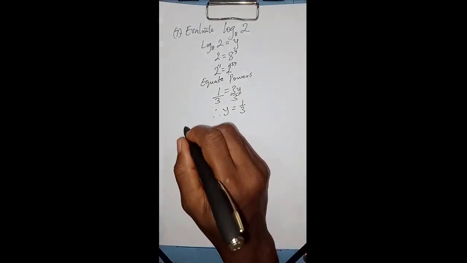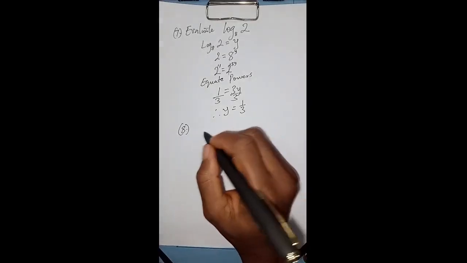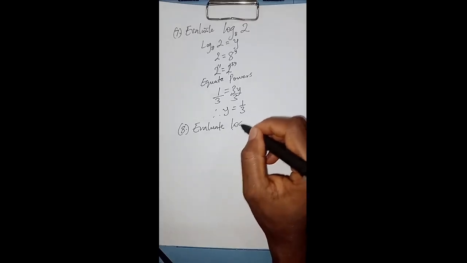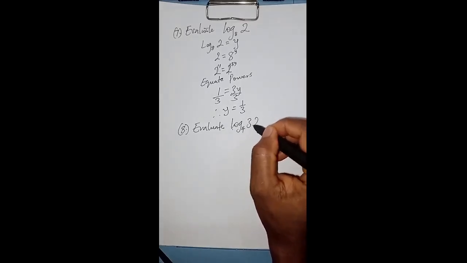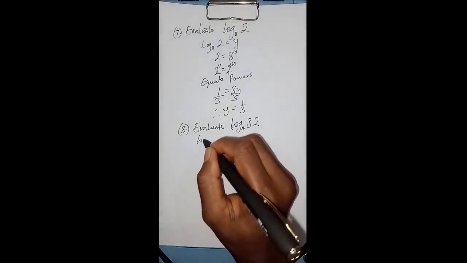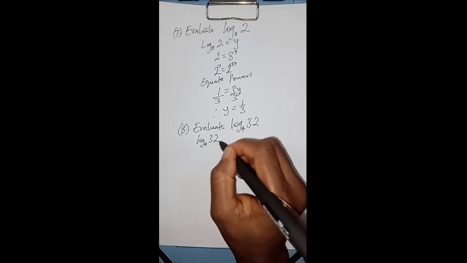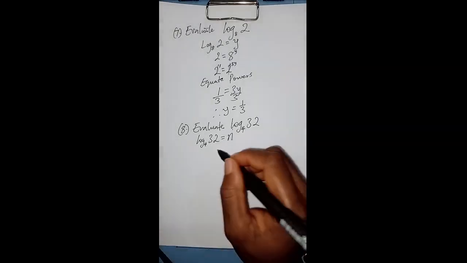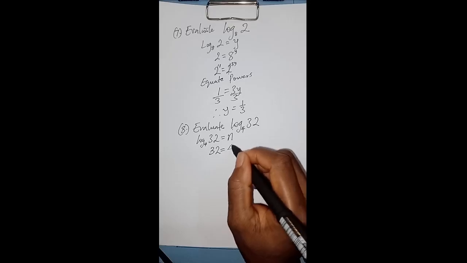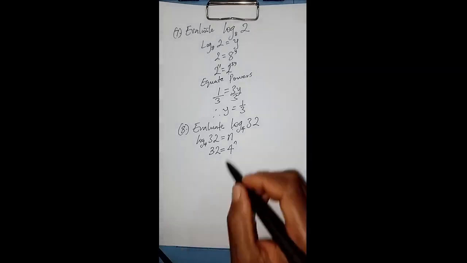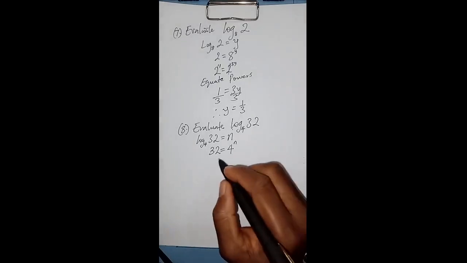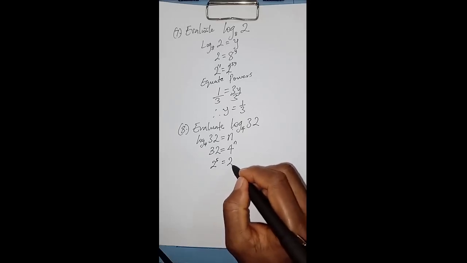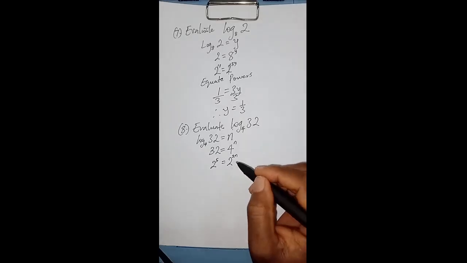Now let's try the last example, number 8. I'm to evaluate log 32 to base 4. So let log 32 to base 4 be equal to n. So let me use another letter this time. This is 32 equals 4 raised to power n. I cannot express 32 to have 4 as its base, but I can do that for 2. 2 raised to power 5 equals, expressing 4, 2 raised to power 2n.